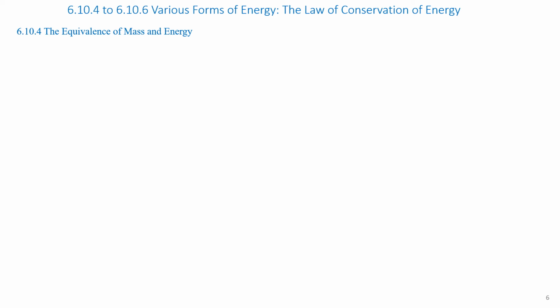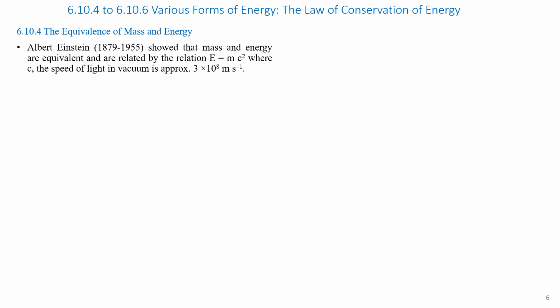The next part is section 6.10.0, where we study the basics of nuclear reactions. Albert Einstein showed that mass and energy are equivalent and are related by the relation E = mc², where c, the speed of light in vacuum, is approximately 3 × 10^8 m/s.